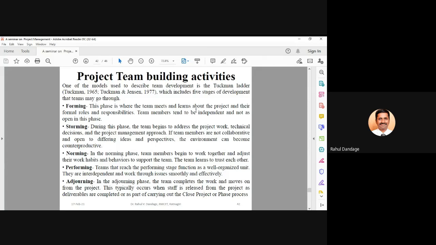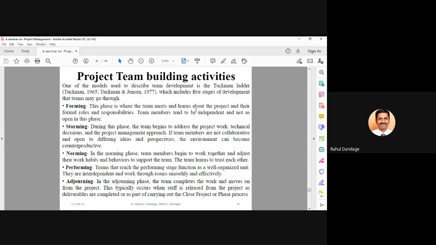Then comes the second phase. The second activity is storming. During this phase, the project team, which has been formed in the previous phase, will start addressing the project work, the technical decisions, and the project management approach. So they will start working.